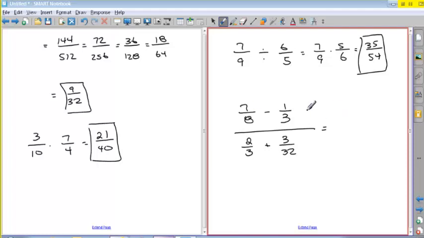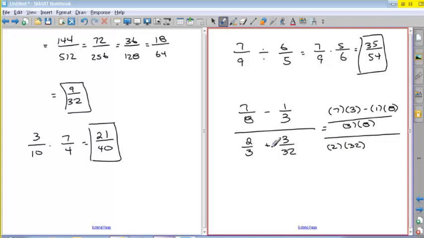So here we're going to take 7 times 3 minus 1 times 8 divided by 3 times 8. And then we divide the whole thing by 2 times 32 plus 3 times 3, all divided by 3 times 32. So these are multiplied together. These are cross-multiplied and added.